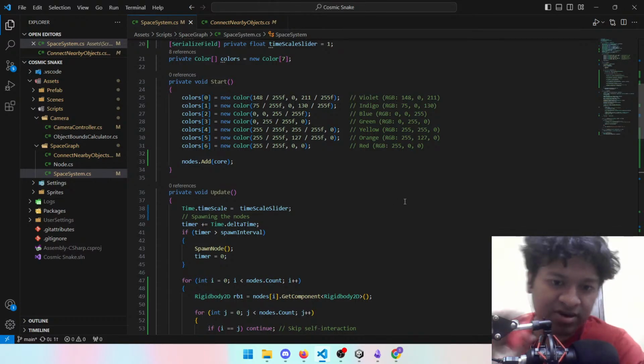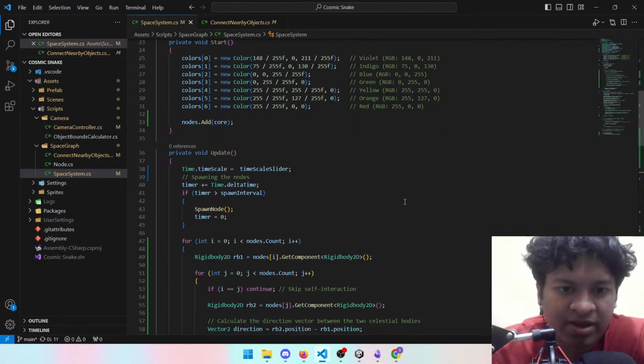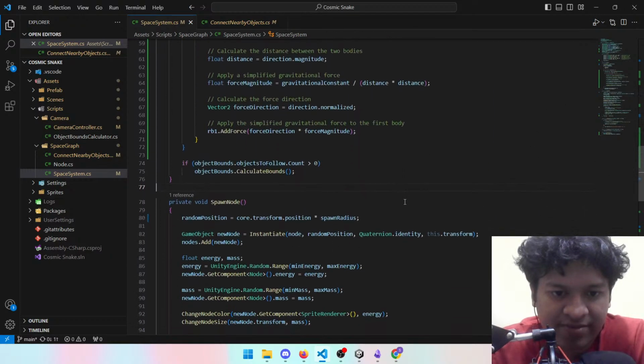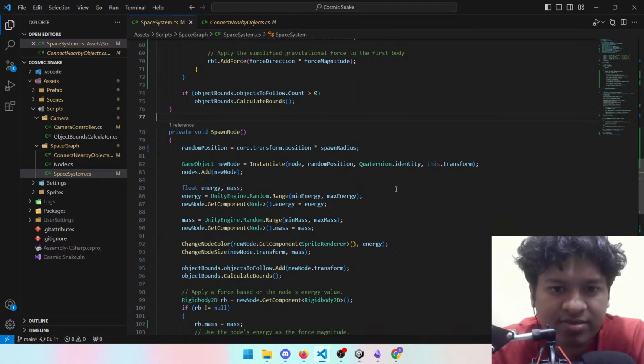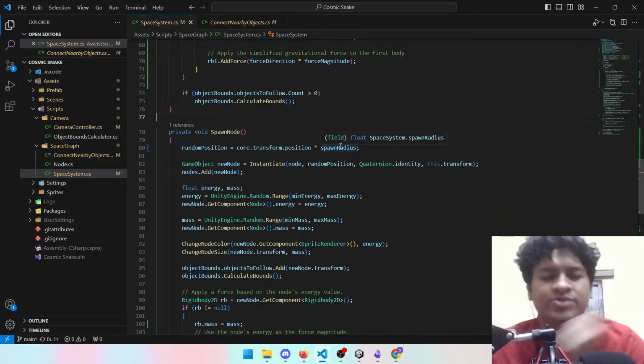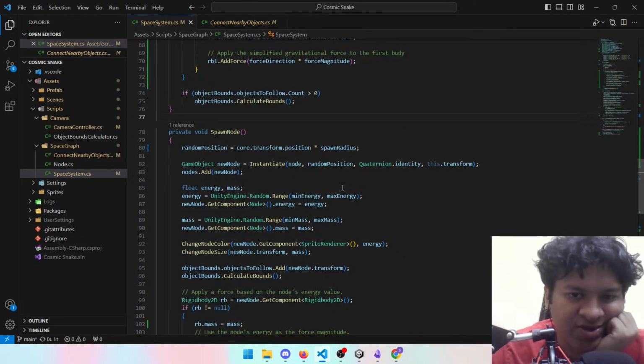What am I looking for? I'm looking for the spawning thing. Random position is drawing the sphere. The sphere is not changing, right? Yeah.